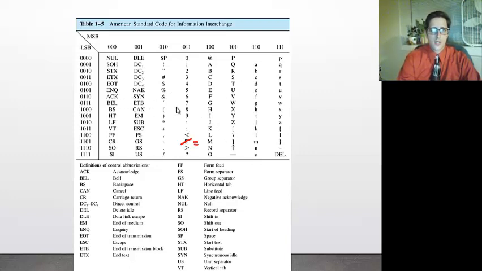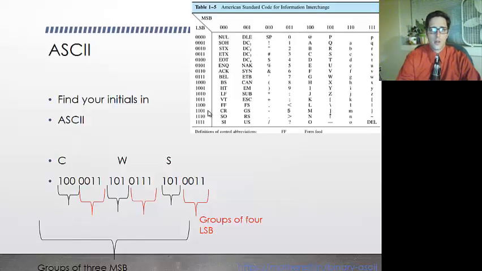It's a text or number conversion that you can use by using the least significant bits, which are 4 bits, and then 3 bits in the most significant bits.